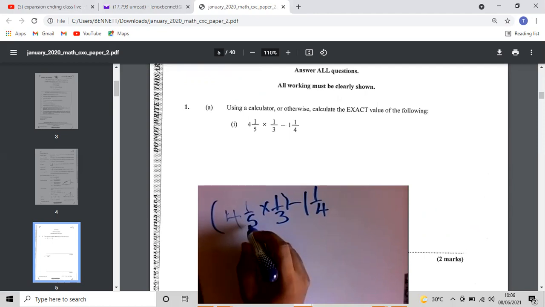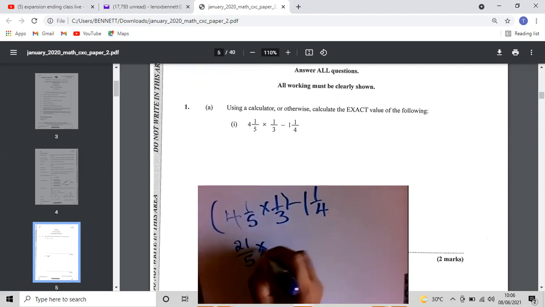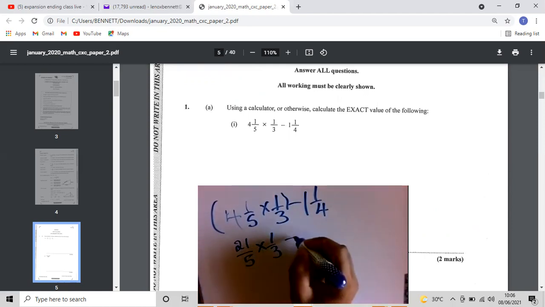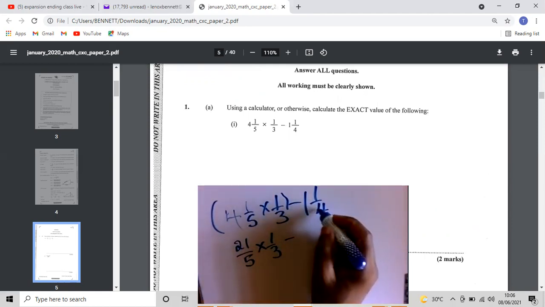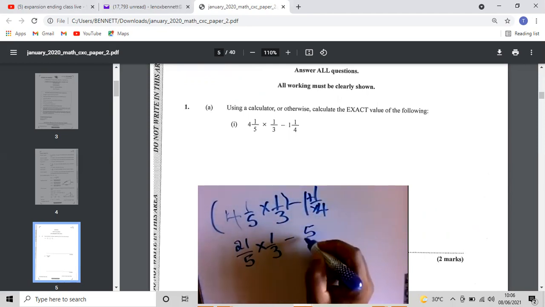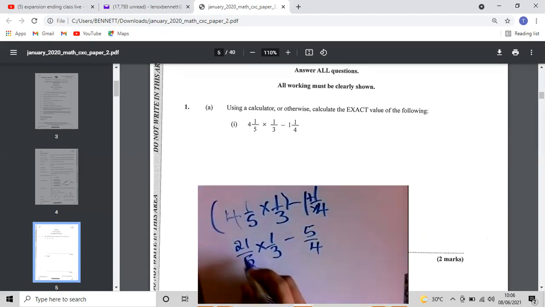So 4 times 5 is 20, plus 1 is 21, so 21/5 times 1/3 minus 5/4. So we can cancel: 21 over 3 is 7. So we get 7/5 minus 5/4.